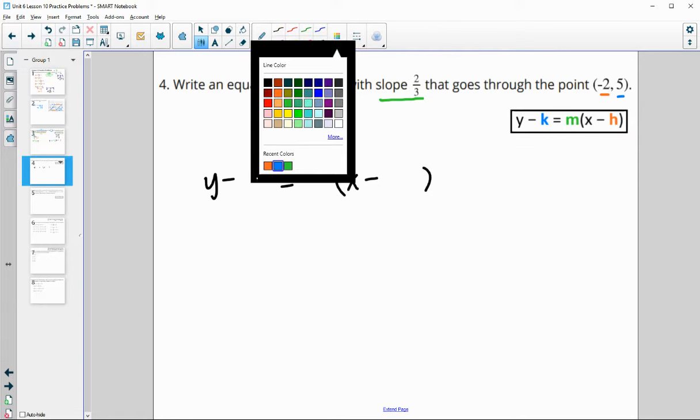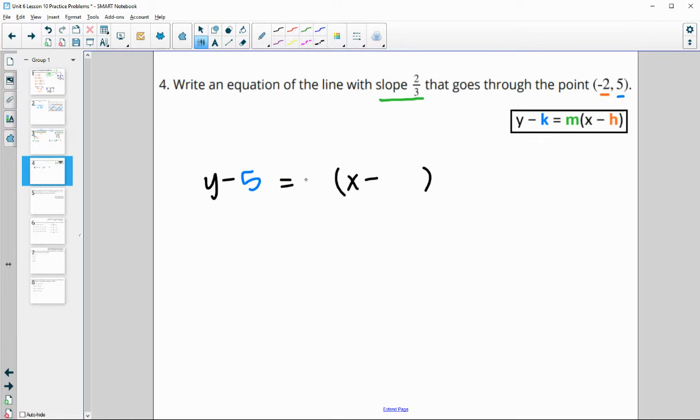The y coordinate of our point is 5, the slope of our line is 2/3, and the x coordinate of the point it goes through is -2, so it'll flip to +2. So y minus 5 equals 2/3 times x plus 2.